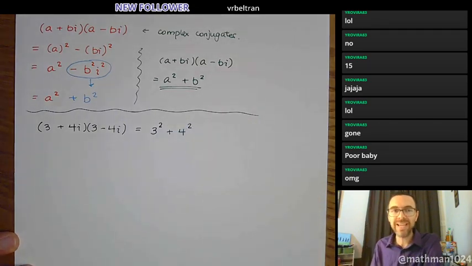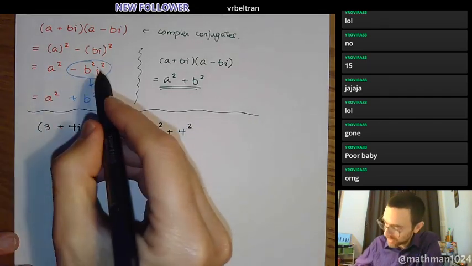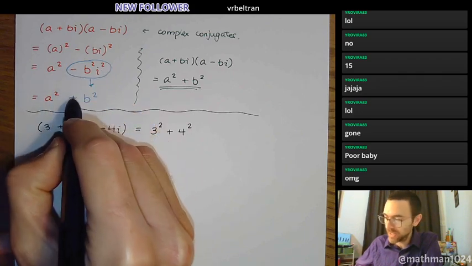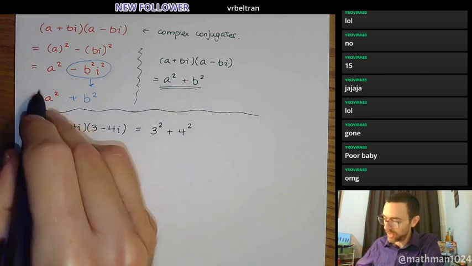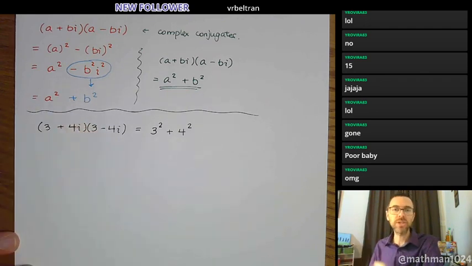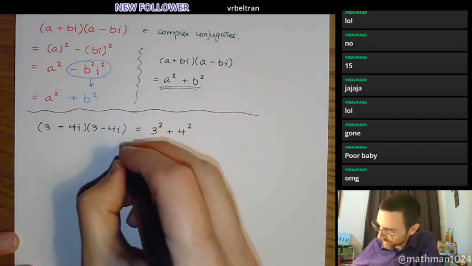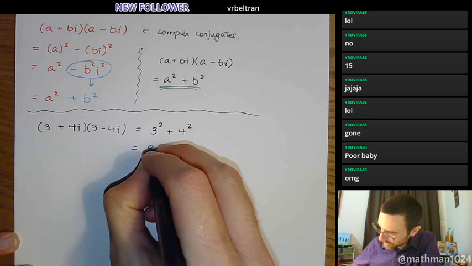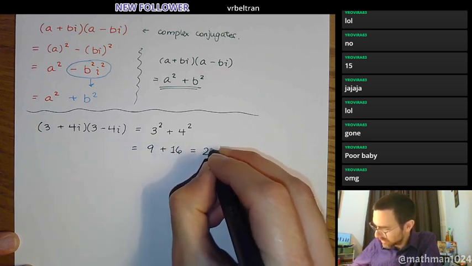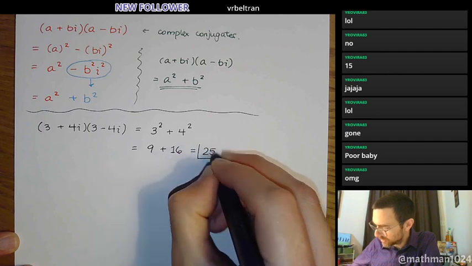There's not going to be any i's in this product because the i squared activated its negative with this negative, giving you a positive. The a and the b are just the real and the imaginary parts, no imaginary units. So 9 plus 16 is 25.